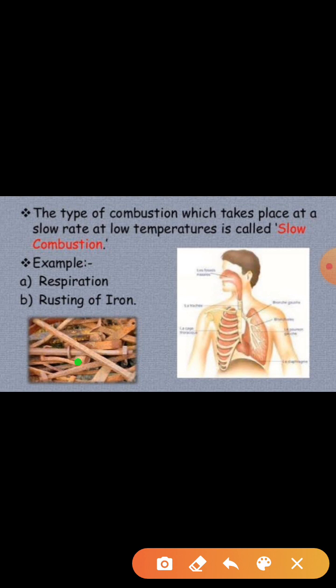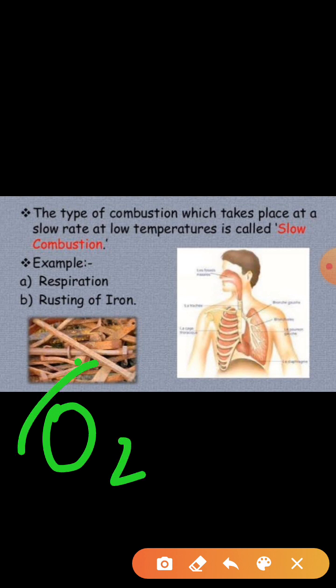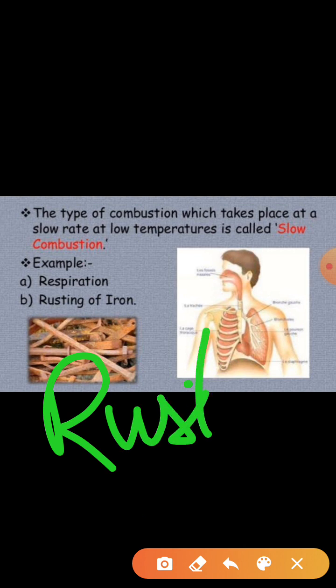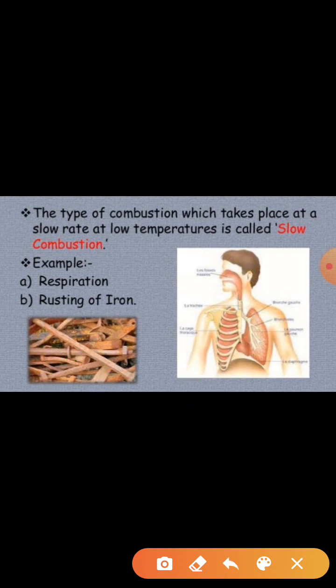Iron reacts with oxygen, also known as O2, to produce iron oxide, which is basic in nature, also known as rust.